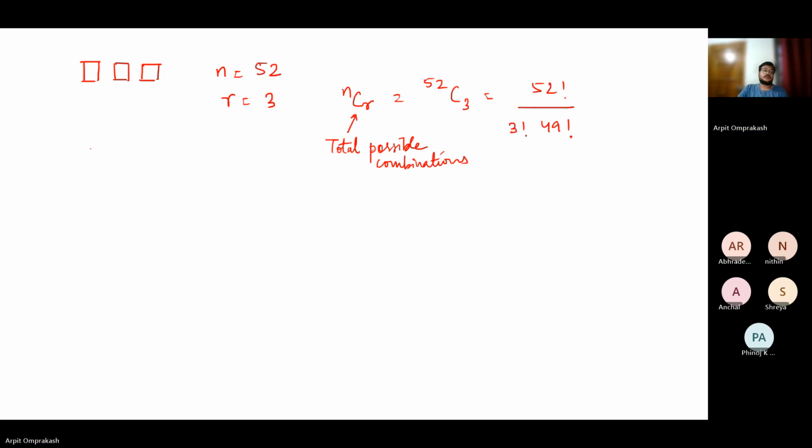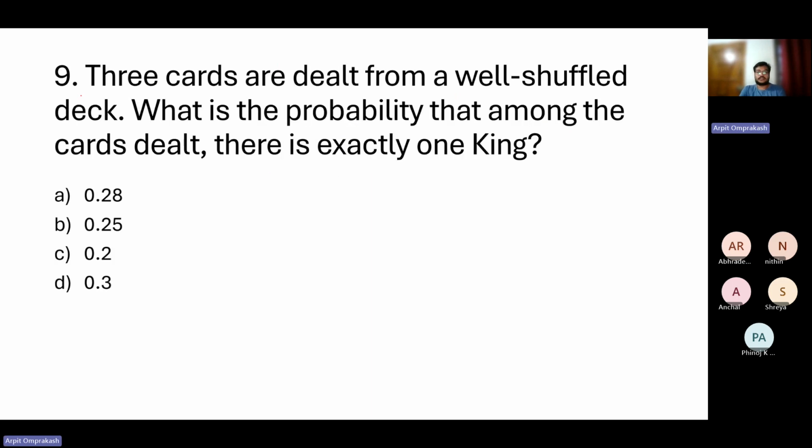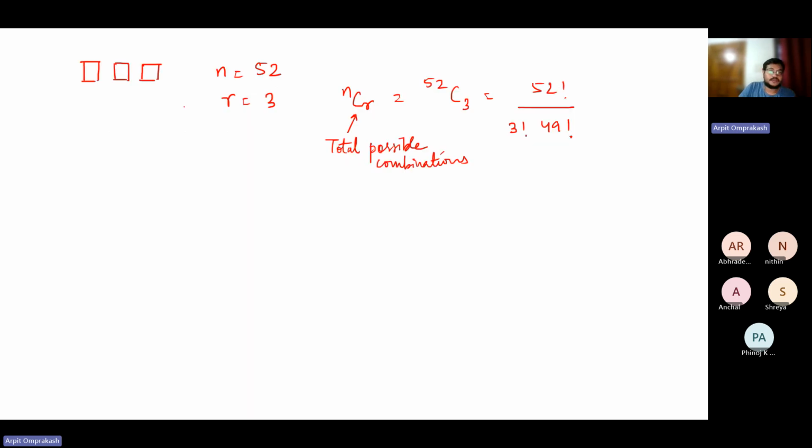Right. Now, what we are given is the constraint that there is exactly one king. So we have to find the probability that in these 3 cards, there is exactly one king.